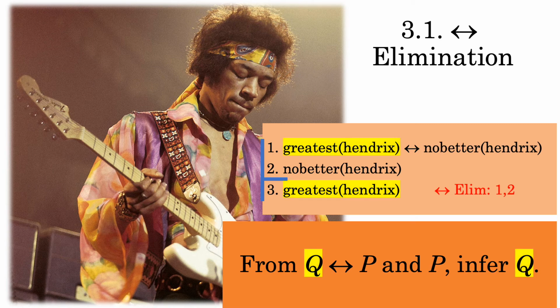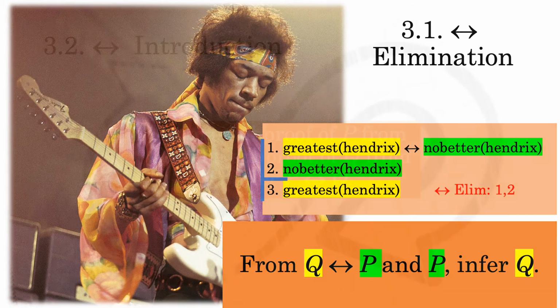In this argument, Q now stands for "Hendrix is the greatest." Note that this is the opposite of what we did with the previous version of this argument. Similarly, P now stands for "no guitarist is better than Hendrix." And we see that this fits the mold of this particular formulation of biconditional elimination.